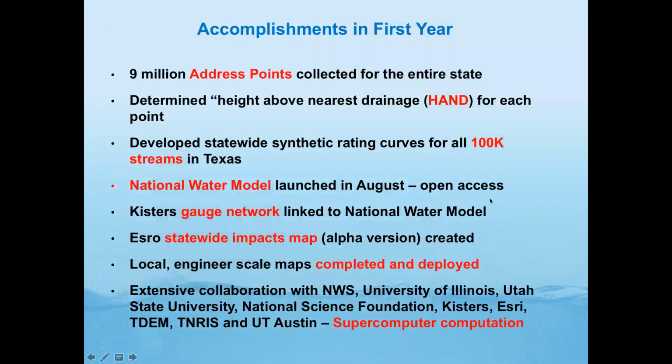Okay, so accomplishments so far: we've collected 9 million address points, the whole state, with varying accuracy. And we've determined the height above nearest drainage for each of those points. There are synthetic rating curves for all the streams in Texas based on an average. And these 100,000 streams vary in average from 2 kilometers to 7, some of them are 10 kilometers, some of them are just on a matter of dozens of meters.